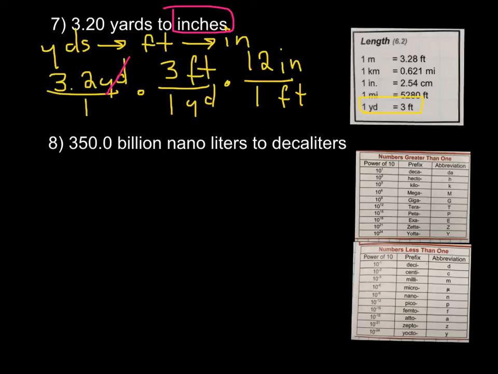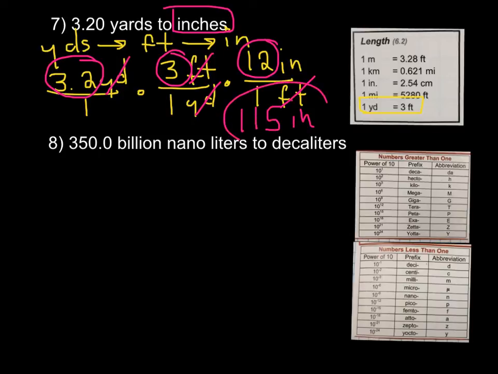So this yard cancels that yard. The numbers don't cancel, just the unit of measure. That feet cancels with that feet. So all you're left with is 3.2 times 3 times 12, and then inches. And when you do that math, you end up with 115 inches. Okay?